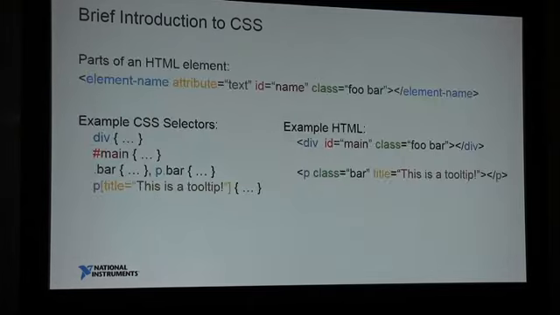So this is an example, kind of a high-level overview of a couple of different CSS selectors. There's actually a huge range of them, and how they map to HTML. So fundamentally, when you're looking at a piece of HTML, when you're looking at an element, it has an element name. So you might have seen the div tag on an HTML web page if you've looked at the source, or the input tag.